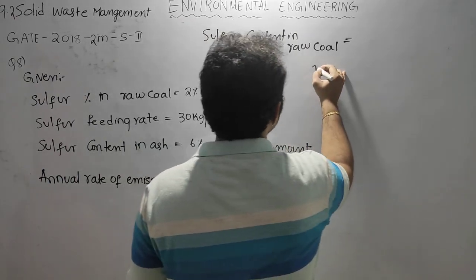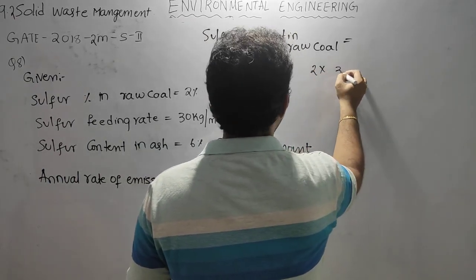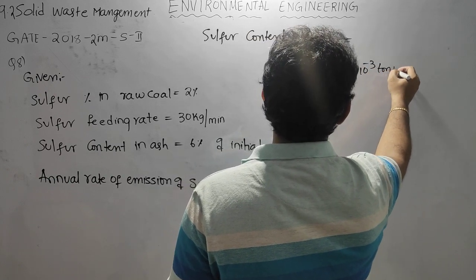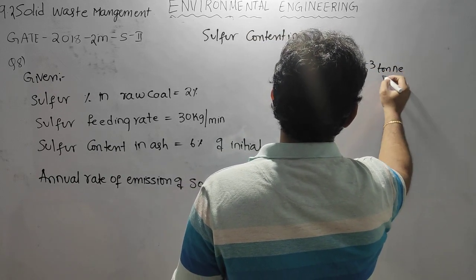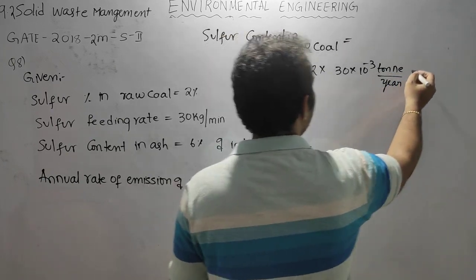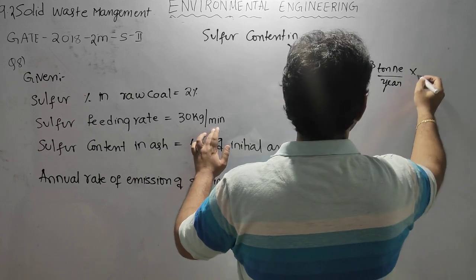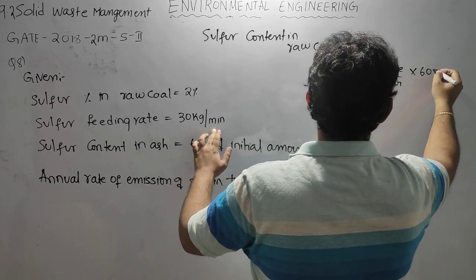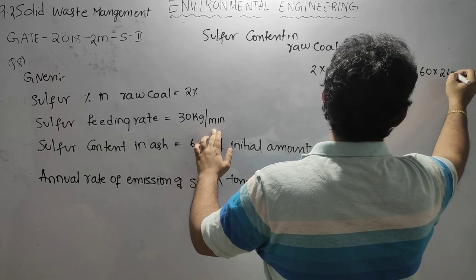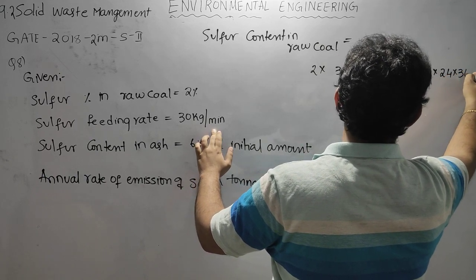So 2 into 30 into 10 to the power of minus 3 tons, by year. To convert minutes into year, I need to multiply: 60 minutes is an hour, 24 hours is a day, and 365 days is a year.